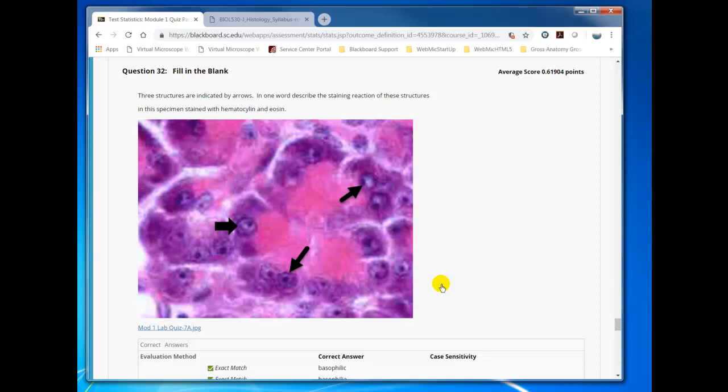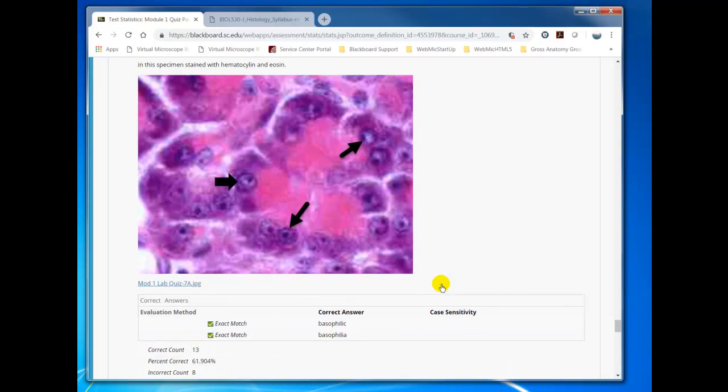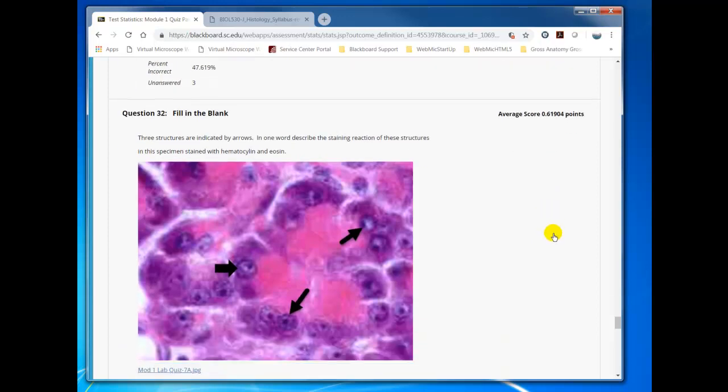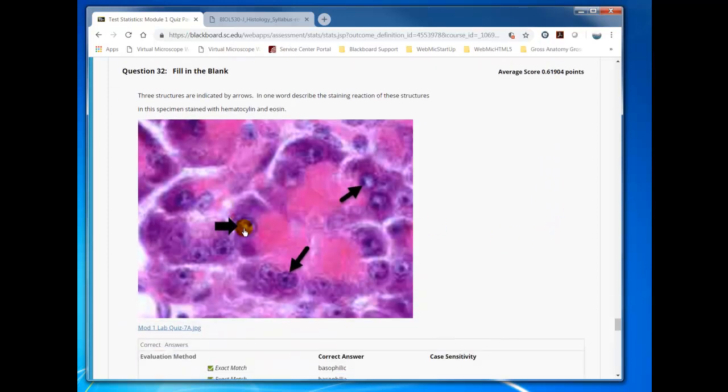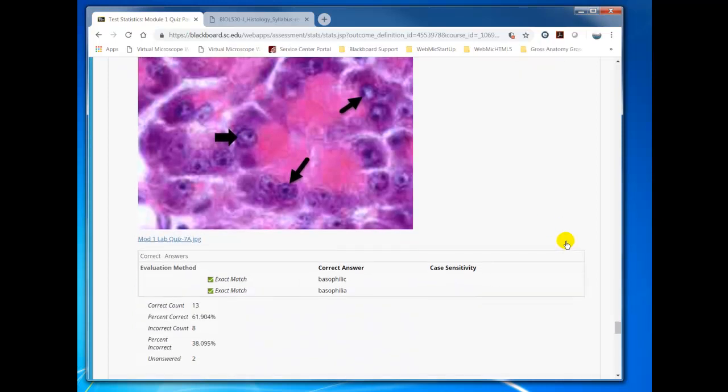Okay, these structures indicated by arrows: in one word, describe the staining reaction of these structures. Okay, those are nuclei, and those are blue, and this is hematoxylin, so they're attracted to hematoxylin, and so they're basophilic.